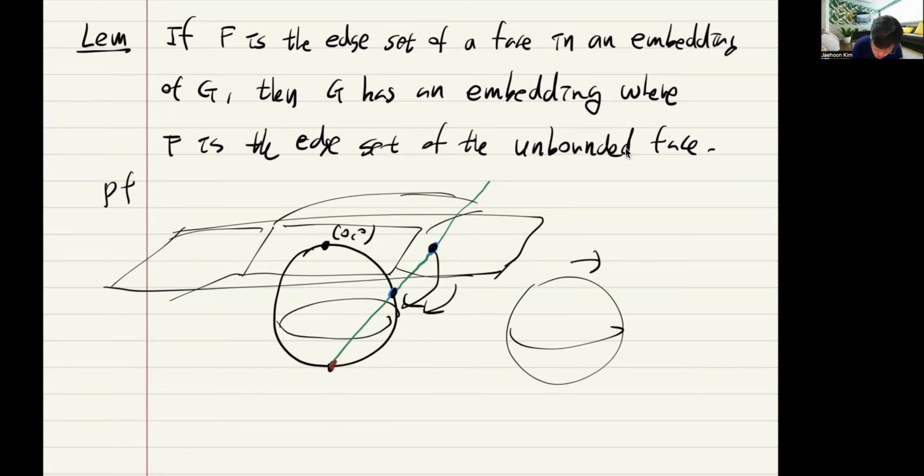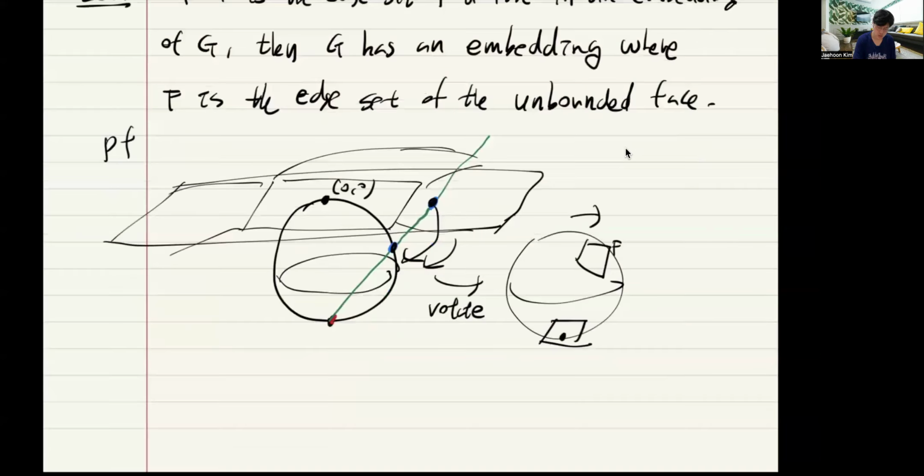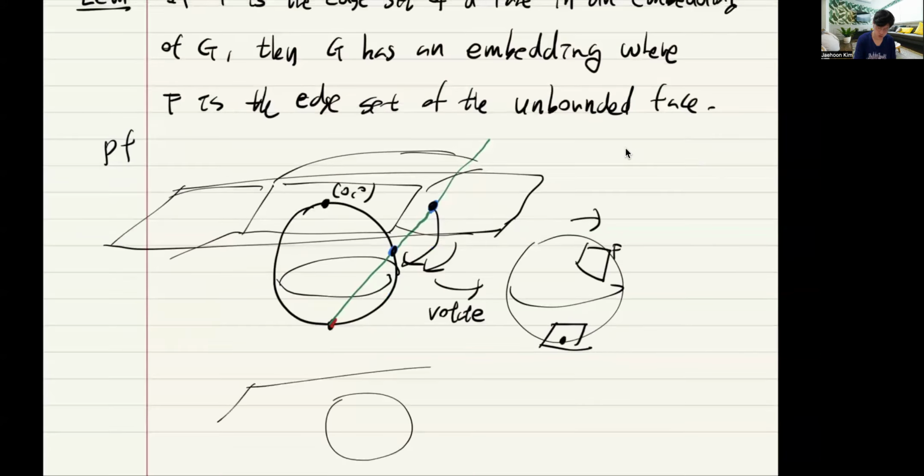We rotate this embedding so that the face that we are considering now contains this south pole. So rotate. And then from this, you again do the stereographic projection.